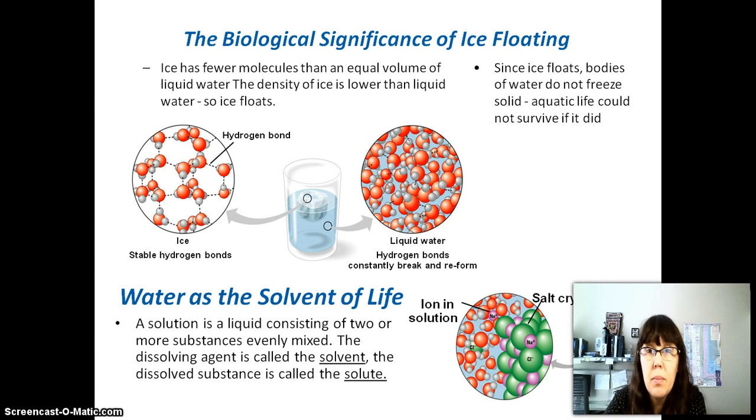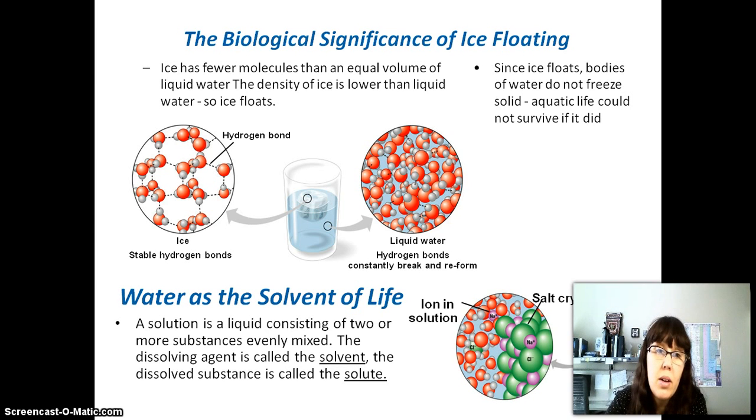This is important because if ice did not float, every time you would have a cold snap, the water would freeze and sink to the bottom, and eventually all of the oceans would fill up with ice, and there would be no liquid water and no aquatic life could survive. So it's quite convenient for us that water has this strange property of actually being lighter as a solid.